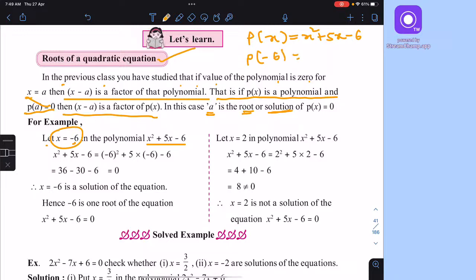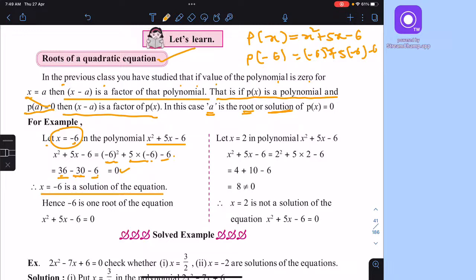So x is replaced by minus 6: minus 6 square plus 5 into minus 6 minus 6. Minus 6 square is 36. Plus 5 into minus 6 is minus 30, and minus 6 as it is. So 36 minus 30 is 6, and 6 minus 6 is 0. And therefore, x equal to minus 6 is the solution of the equation.